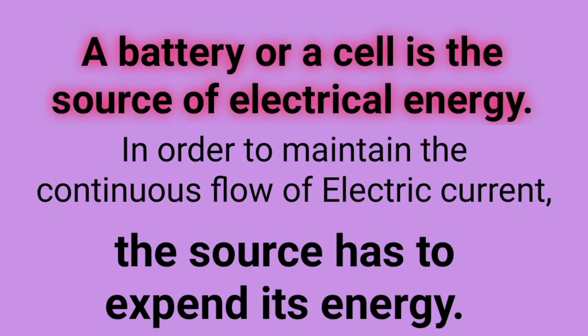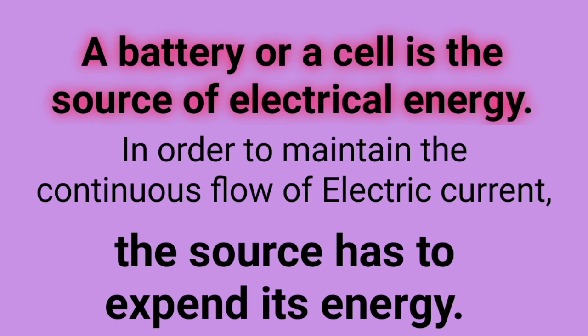So, in order to maintain the continuous flow of electric current, the source has to expend its energy. Actually, this energy is given to the electrons in order to bring them into motion, which will establish electric current. Thus, electric current has electrical energy, and this energy will be transformed into heat energy.